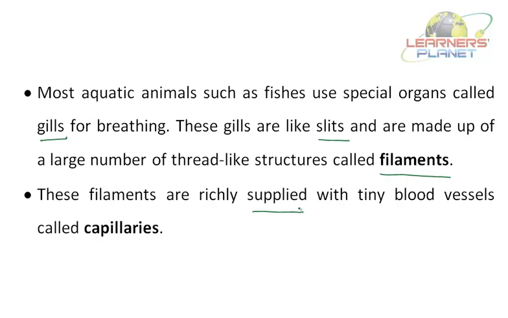So, the gills in fish help them to use oxygen which is dissolved in water. Gills are projections of the skin of fish. You may wonder how gills help in breathing, but yes, gills are well supplied with blood vessels for exchange of gases. And that is why they are able to breathe.